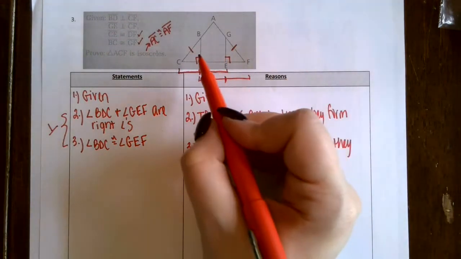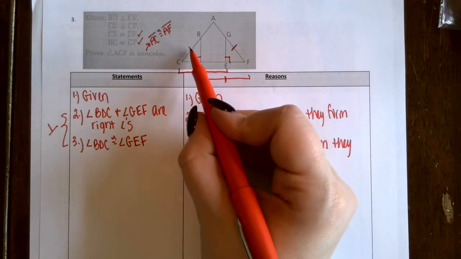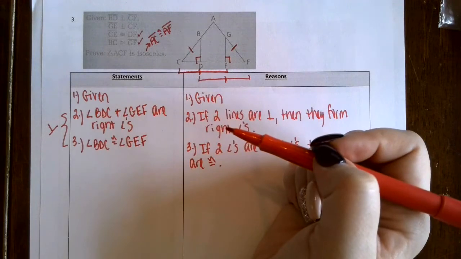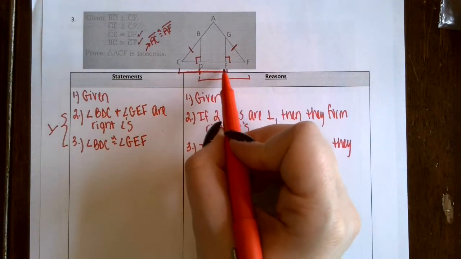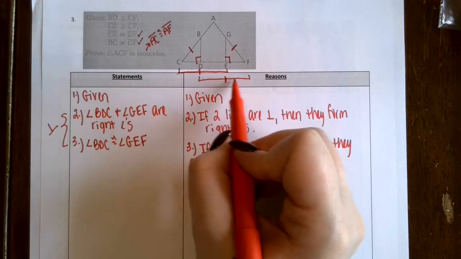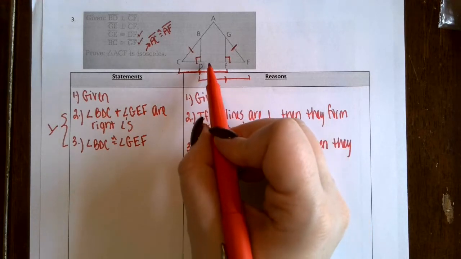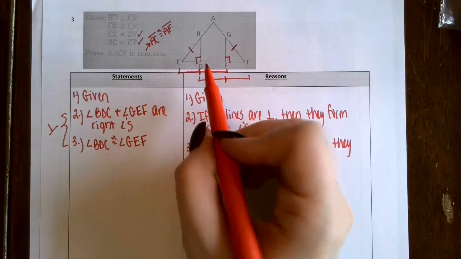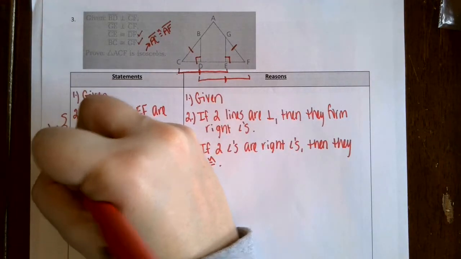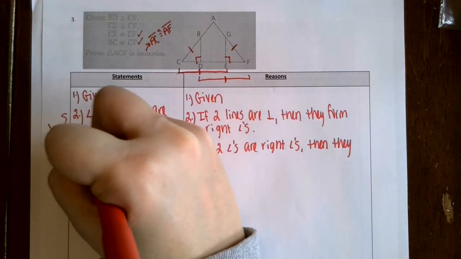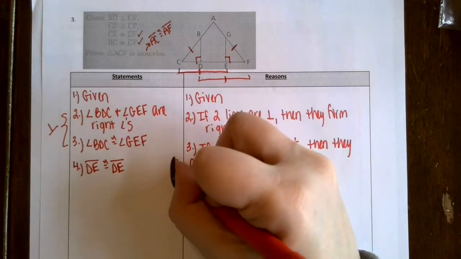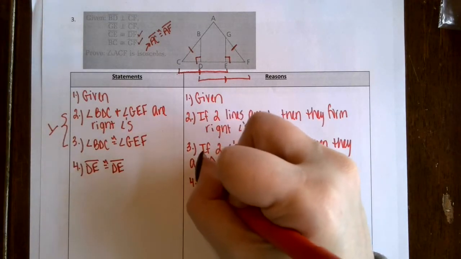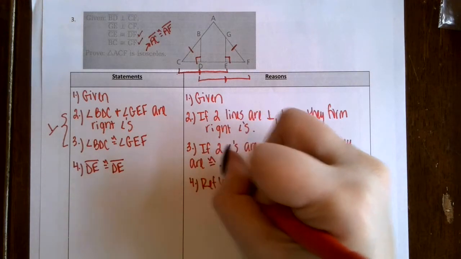Okay, so notice in my triangle, I have an angle and a side. So I'm missing my third piece. So I know that this big total is congruent to this total. Notice that they both share DE, so that is reflexive. So I'm going to say DE is congruent to DE, and that is reflexive property.